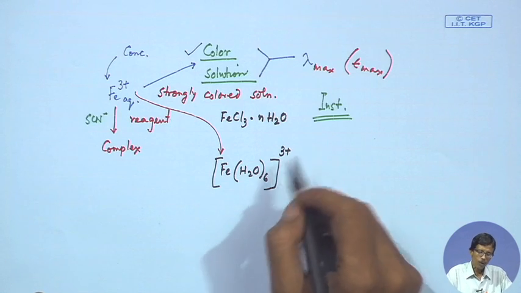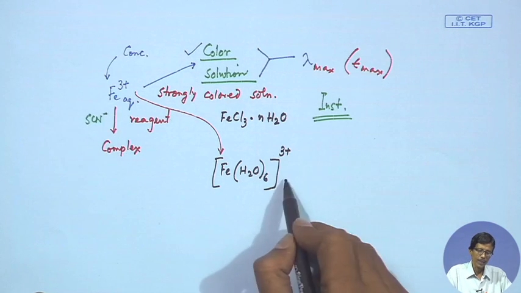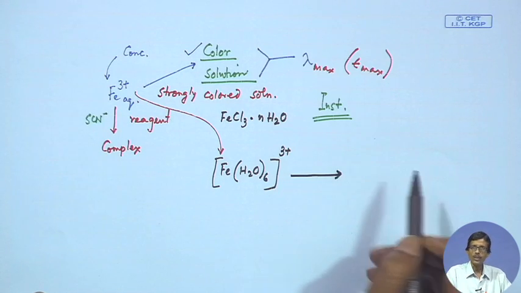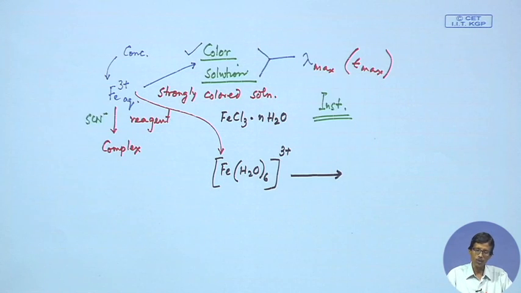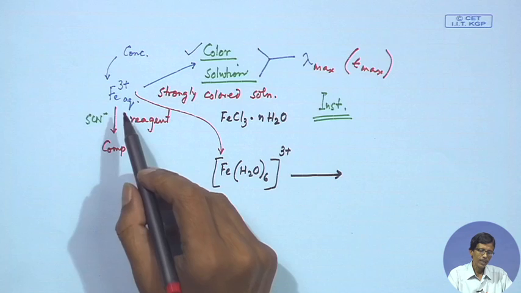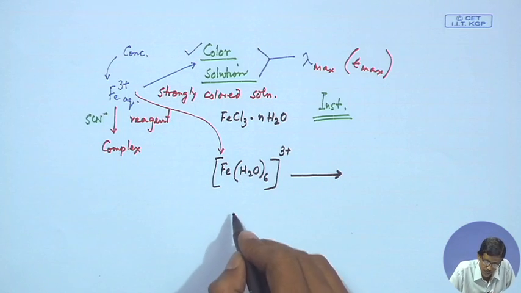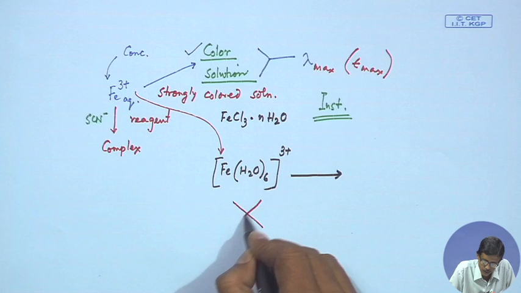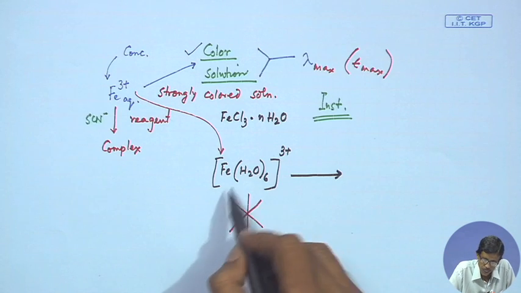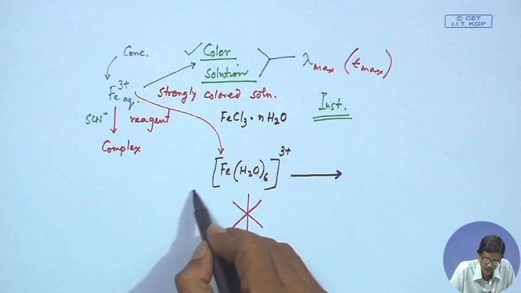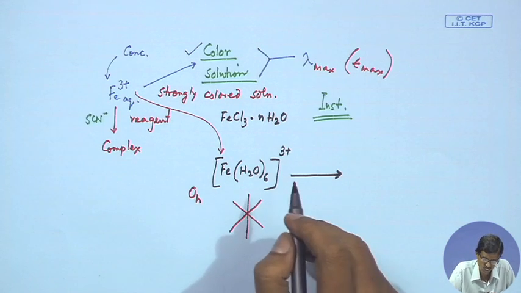When hexa-aquo Fe3+ reacts with thiocyanate, different books write it as only FeSCN2+, but is it only FeSCN2+? It is not that. From the idea of the molecule itself, you have all 6 positions, that means it is an octahedral species forming in our solution.